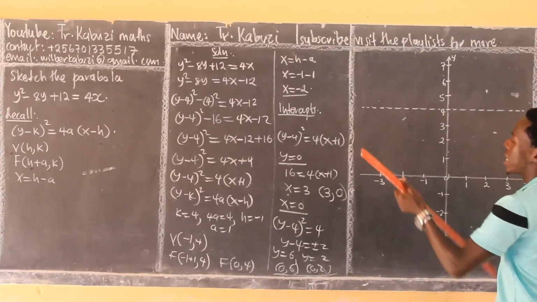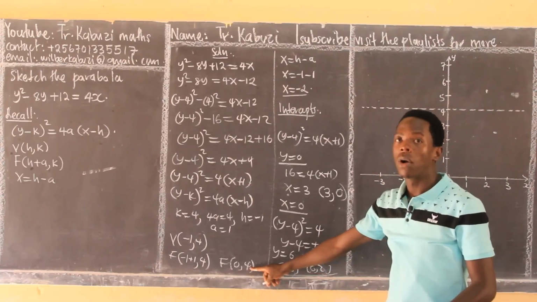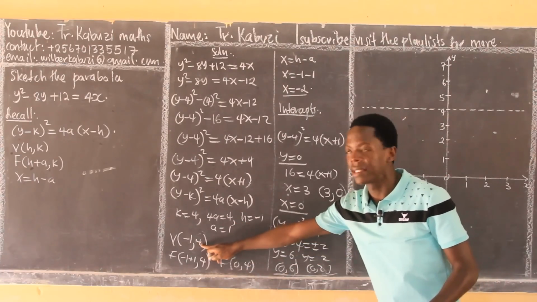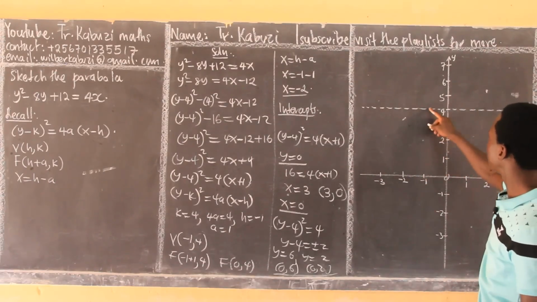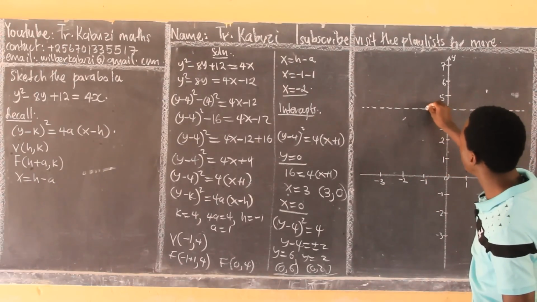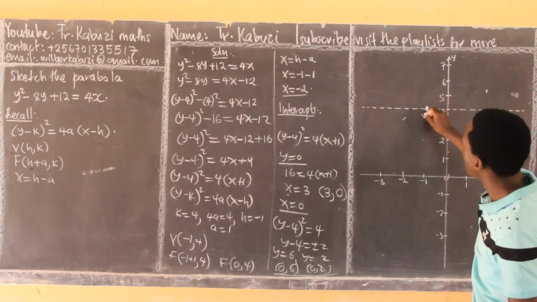That's what we start with. You start by drawing the line passing through the y coordinate of the vertex. Now from there, my vertex is (-1, 4), which is going to be there. That is now my vertex.